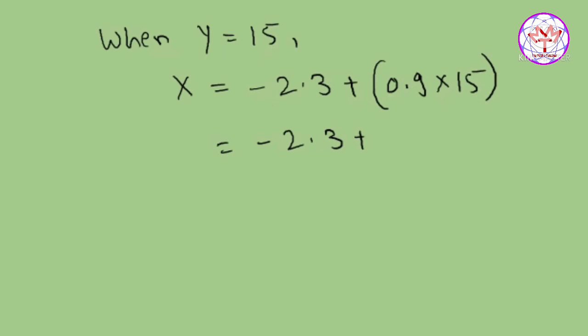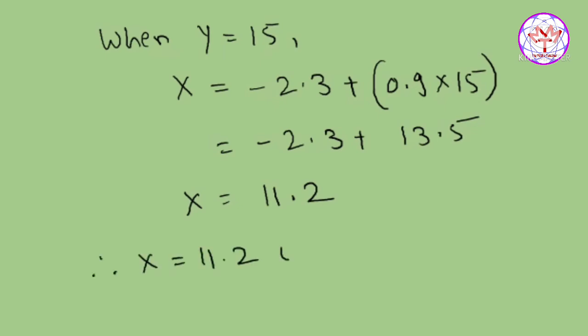So 0.9 into 15 you will get 13.5. So that is equal to 11.2. So therefore x is equal to 11.2 when y is equal to 15.